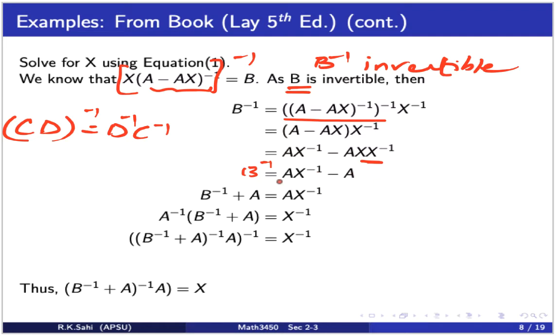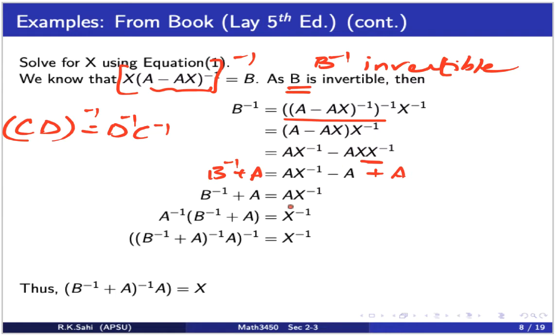Now we can add or subtract any matrices, so we add A on both sides. So we get B inverse plus A. It doesn't matter if you put A first or B inverse; remember, matrix addition is commutative. We get B inverse plus A equals AX inverse, since A minus A cancels out.